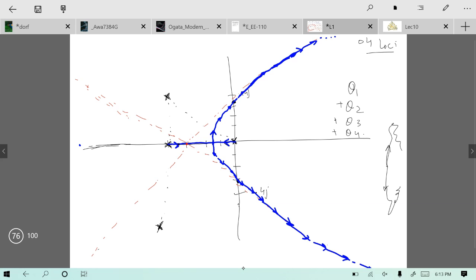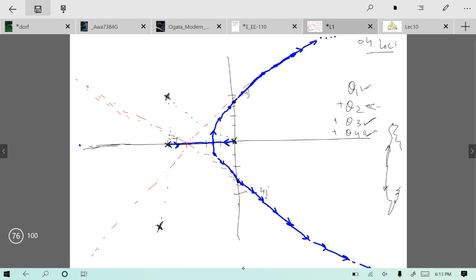This pole subtends a 90-degree angle with this pole with respect to the real axis. Same is the case with this. So theta 3 and theta 4 are 90 degrees, 90 degrees. Theta 1 is unknown, which you need to find.